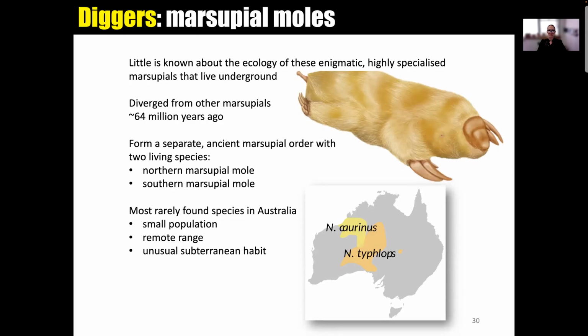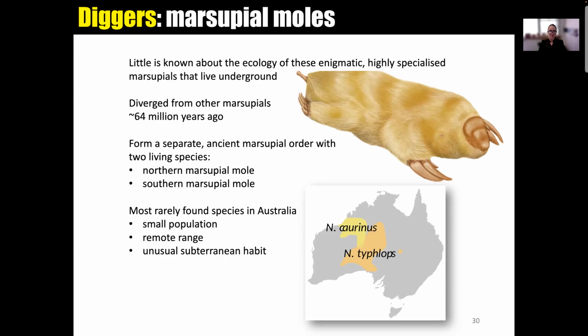So moving on to diggers, where there are two digging marsupials in Australia, which are the marsupial moles. Very little is known about the ecology of these very enigmatic and highly specialised marsupials that live underground. They diverged from other marsupials approximately 64 million years ago, and they form a separate and very ancient marsupial order with two living species, the northern and southern marsupial moles.